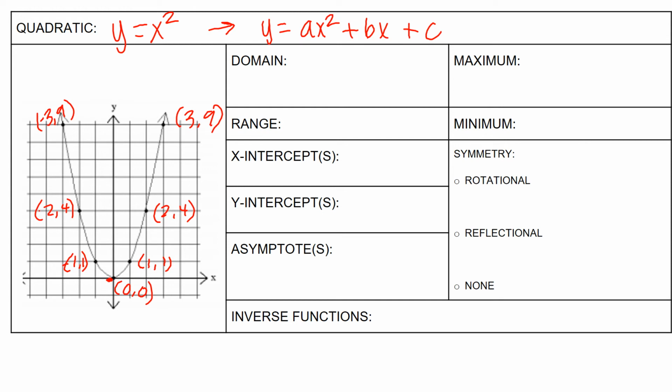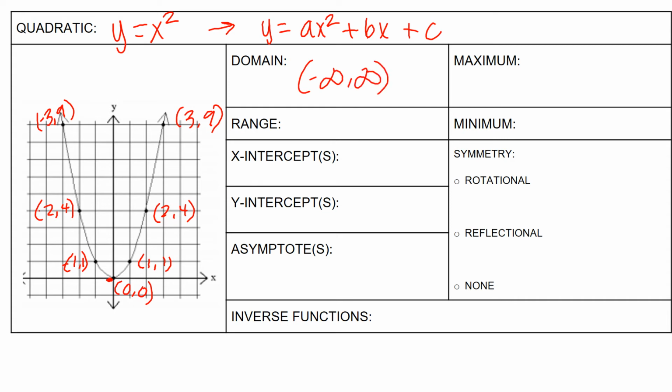Okay, so the arrows tell me that the domain is doing what? Can you see this? Here we go. So our domain is still negative infinity to positive infinity.